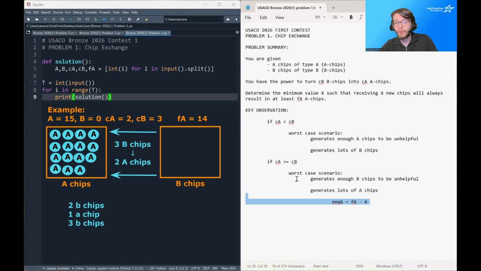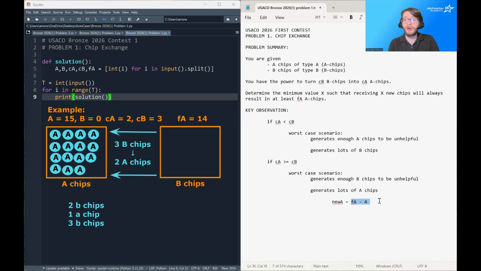So what does it mean to generate lots of A chips? Well, the key idea is that A is the amount of A chips I currently have, and F of A is the amount of A chips that I want. So the amount of chips that it would take if I was just generating A chips to get from A to F of A is the difference between those two.